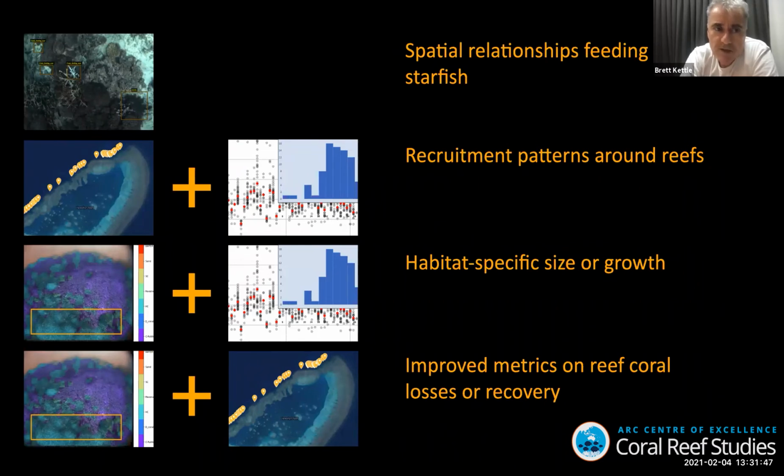Within a frame, we can see spatial relationships, distances and clustering, etc., between starfish and feeding scars.